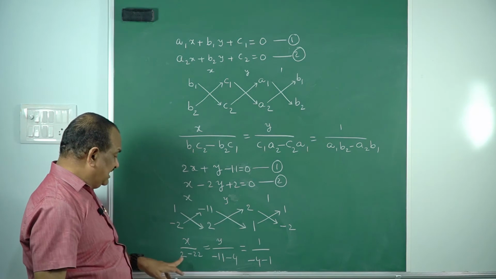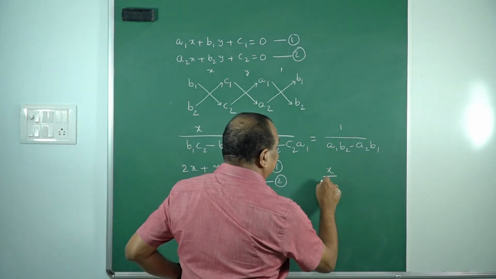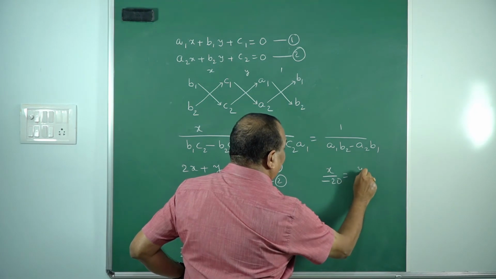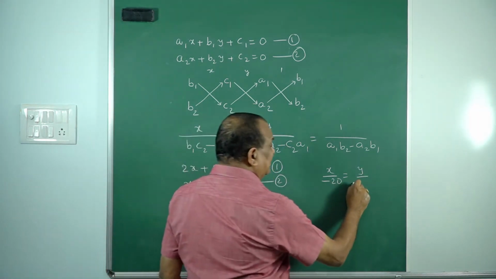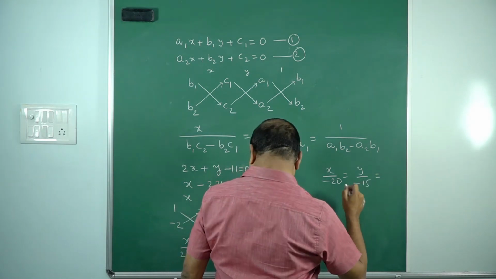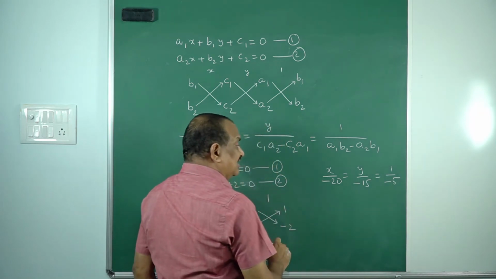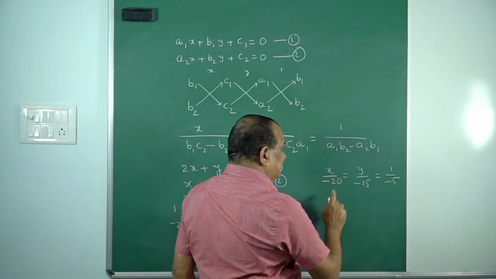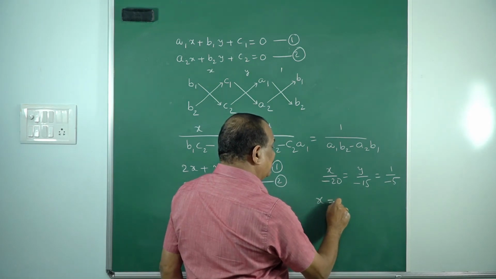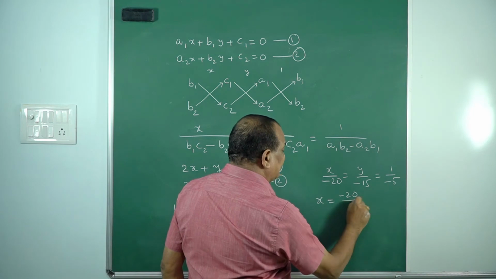And x by 2 minus 22 is minus 20. Y by minus 11 minus 4 is minus 15. And finally you have 1 by minus 5. X value, x is equal to minus 20 times 1, minus 20 by minus 5.